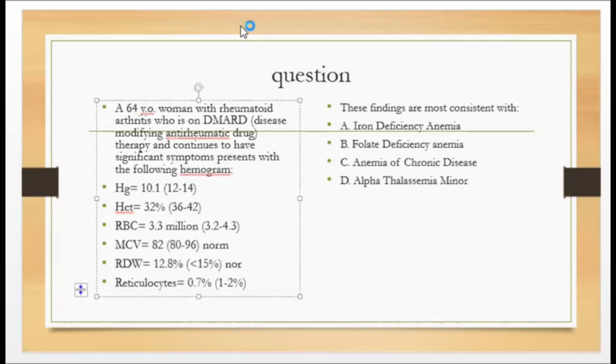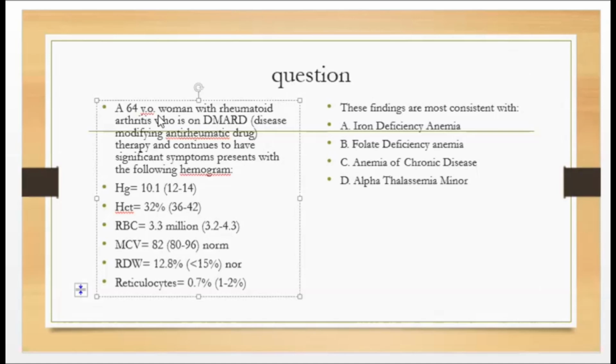Then we have lead poisoning. Then after that, we have our vitamin B12 and folate. And I said B12 and folate are in the same category, macrocytic normal.